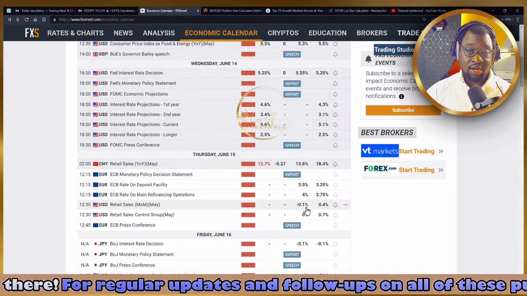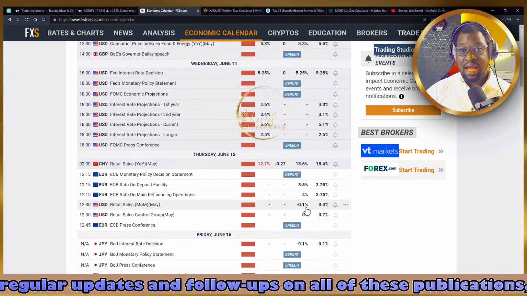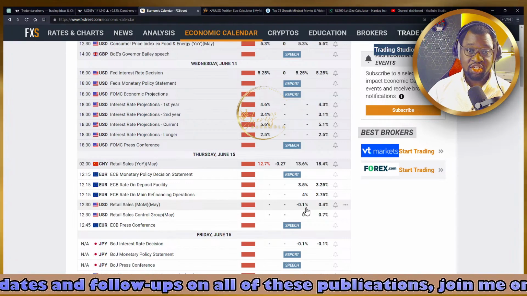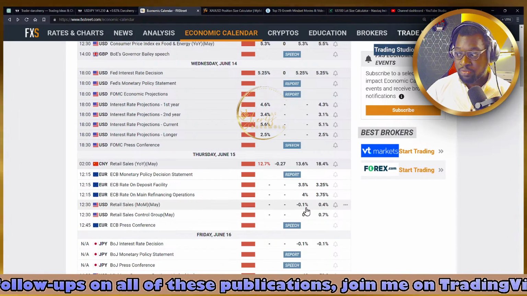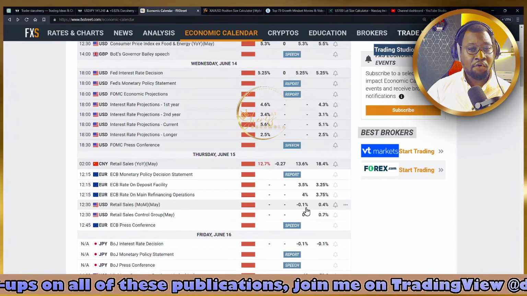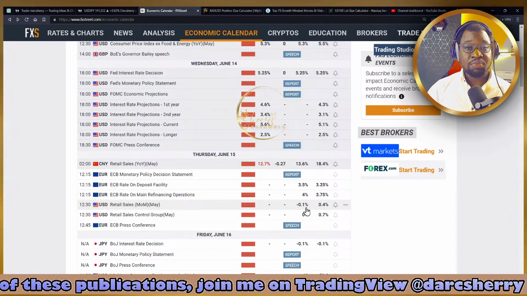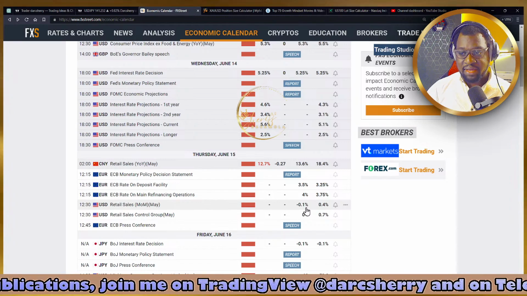It shows that there is a contraction in the economy, as consumer spending appeared to have reduced based on the general consensus. So we are going to be waiting for the actual data, which will be coming in about 4 hours from now, to see what it is really going to be. Is it going to be just as expected, below expectation, or beyond expectation?